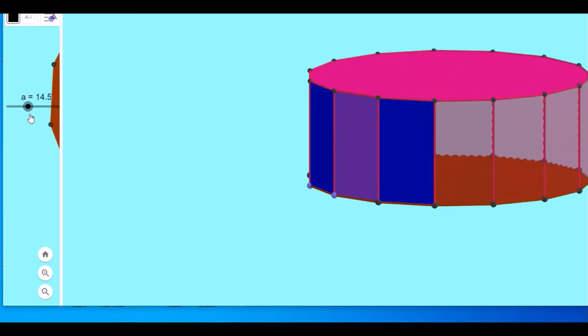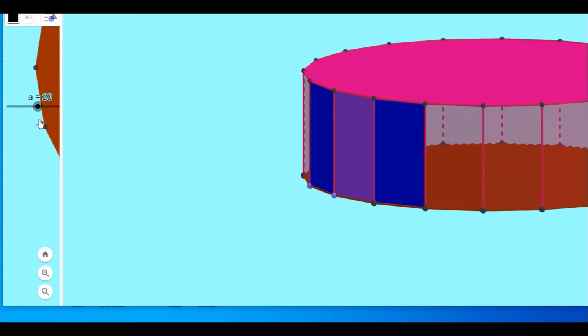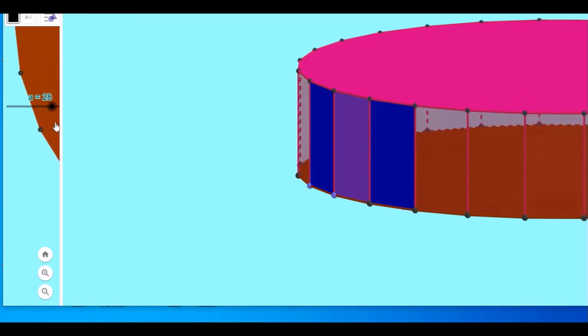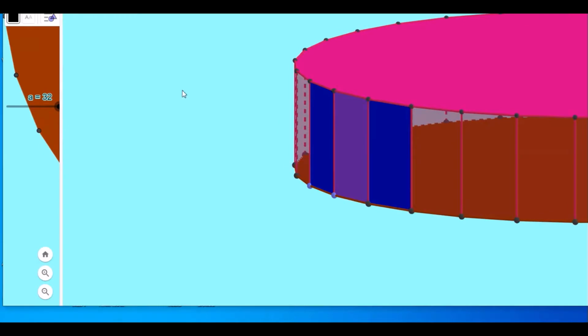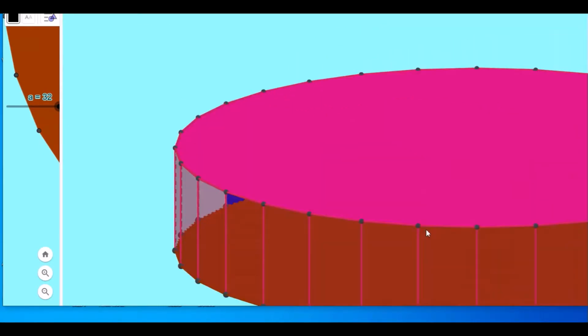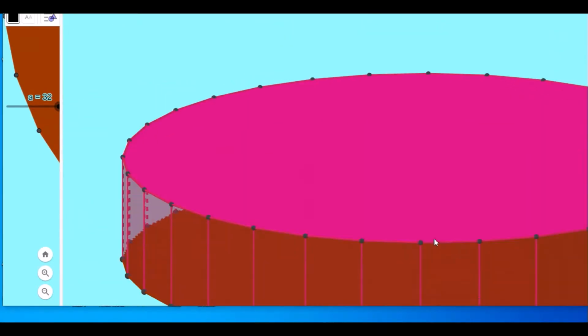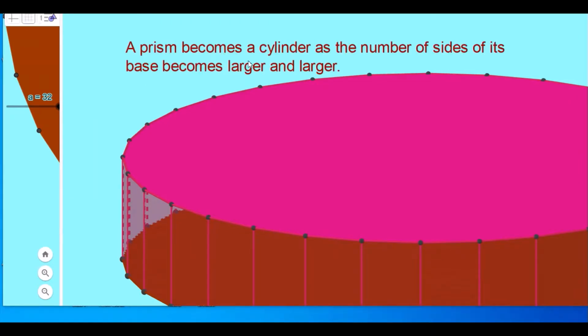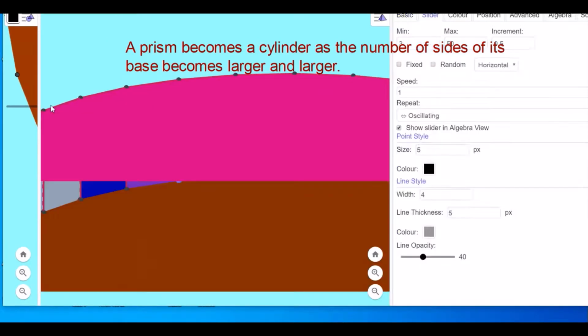You can see when the number of sides increases, the prism looks like a cylinder. So we can write: a prism becomes a cylinder as the number of its sides becomes larger and larger.